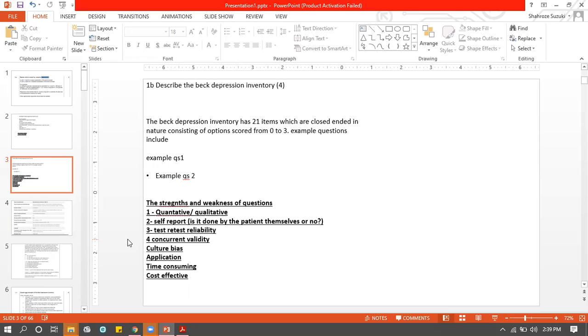Both tests are different, but sometimes measure the same thing differently. Should both tests give you the same sort of result? If your platelets are low in the blood test, in the malaria test should your platelets be low as well? The answer is yes. If yes, that is concurrent validity: different tests showing the same results. Test-retest reliability: the same test showing the same results. Every single point that we have discussed so far, is it understood?